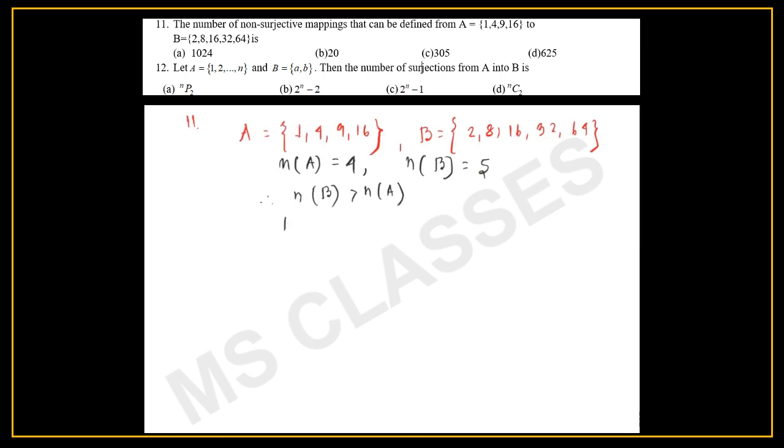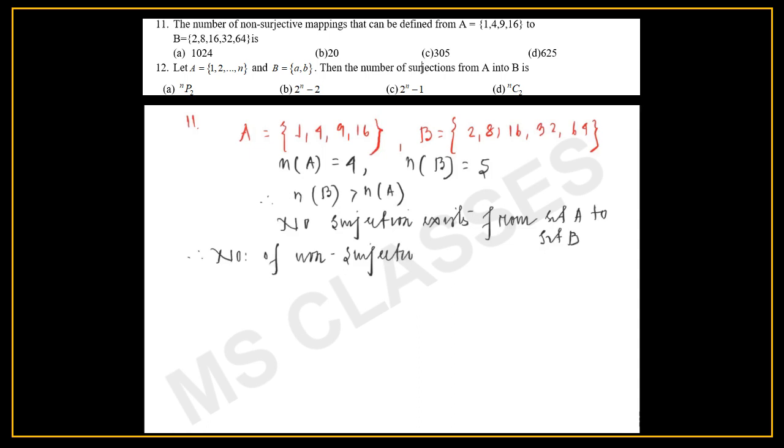So no surjection exists from set A to set B. So therefore, the number of non-surjections is equal to what?